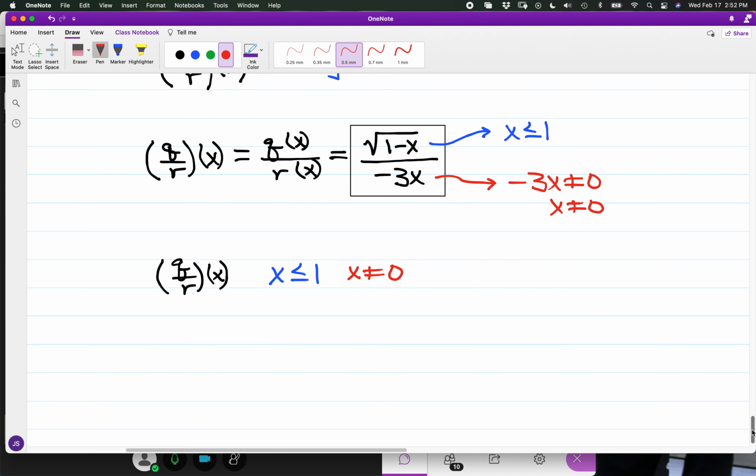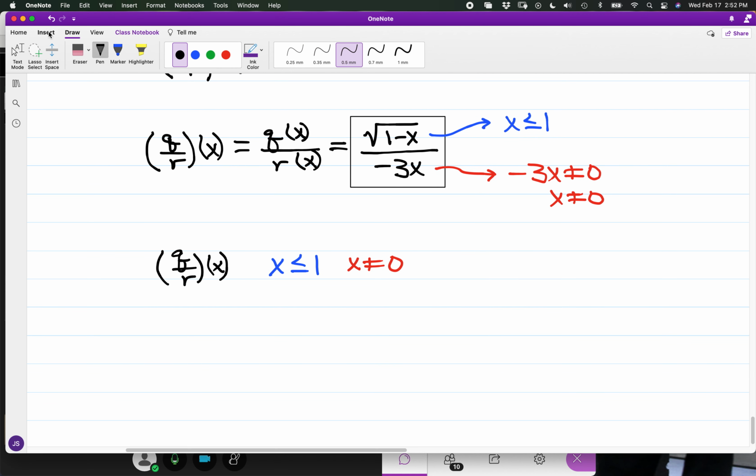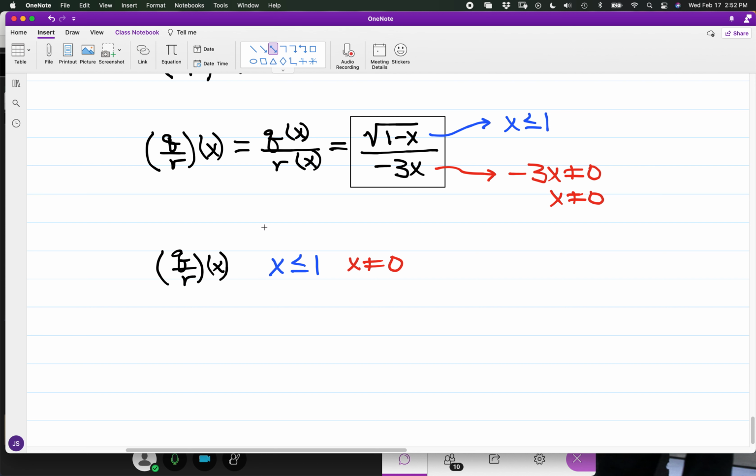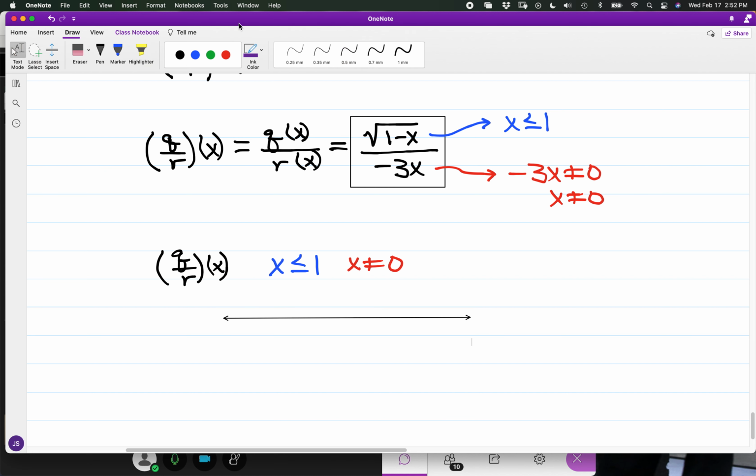Now for the domain of the quotient, with the numbers focused upon, we have 0 and 1. So x cannot be 0, so we're going to have a hole on 0.